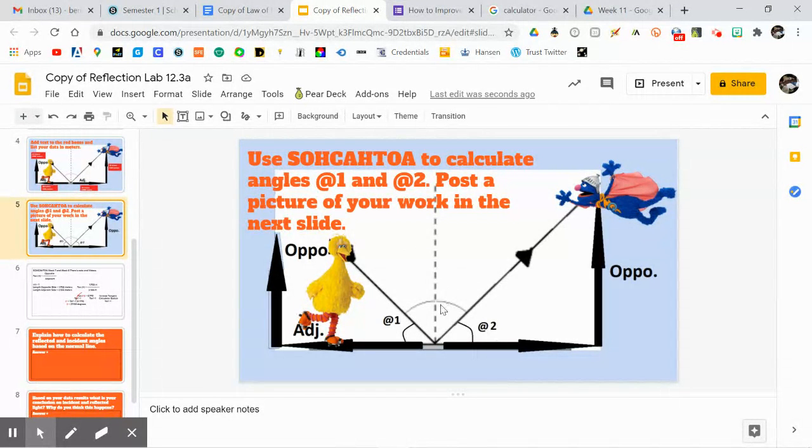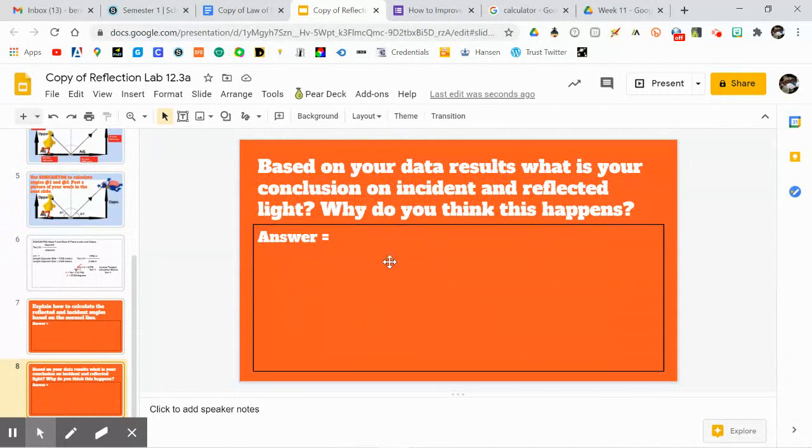So how do we calculate the incident angle and the reflected angle? You tell me. Okay, and based on your data results, what is your conclusion on incident and reflected light? Why do you think this happens? Okay, and if the angles don't match, if you could please explain to me why you think that was.